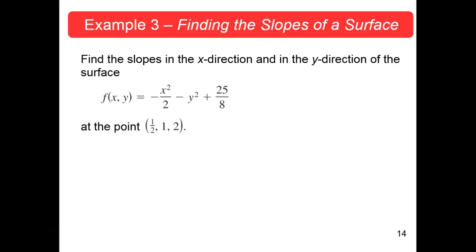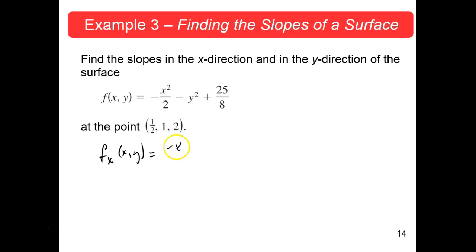That's the surface. So how do we find the slopes in the x direction? Partial with respect to x of xy, and what would that be? Negative x.